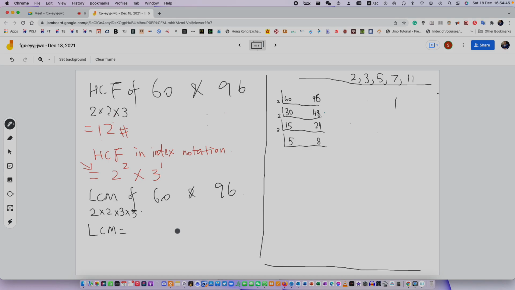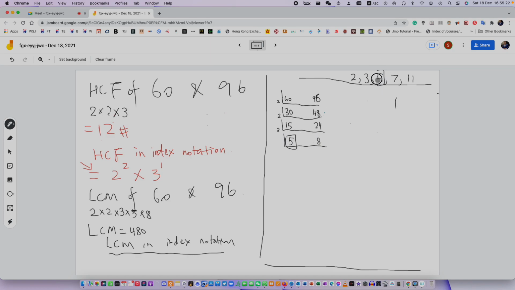How come you keep stopping halfway? Okay, good. Use your calculator and figure out the answer. So what if they ask you LCM in index notation? For LCM in index notation, you need to continue. The 5 is a prime number already, right?